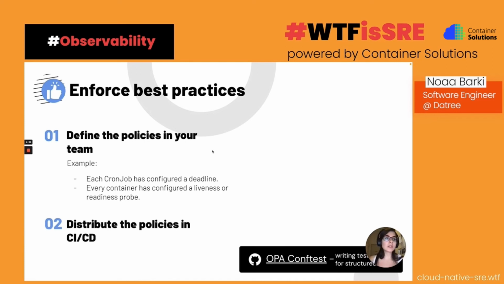And there are many tools that you can use. One of the tools is OPA Conftest, which is open source. It's very nice. I really love Conftest. Okay, it allows you to write tests for any structured file, and I'm talking about Docker, YAML, XML, JSON, any structured file, with OPA as a policy engine under the hood.